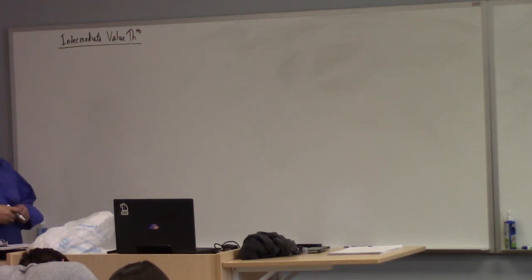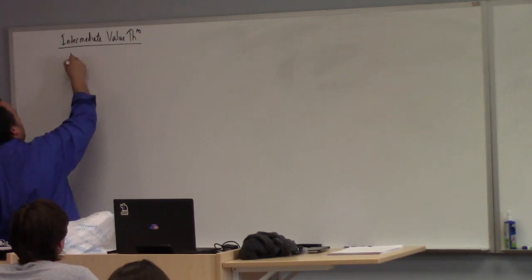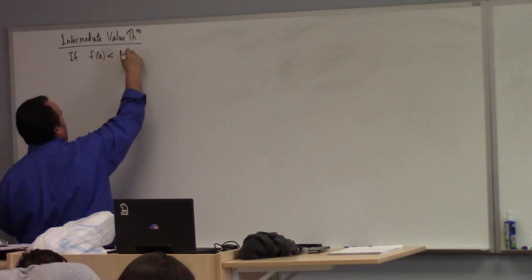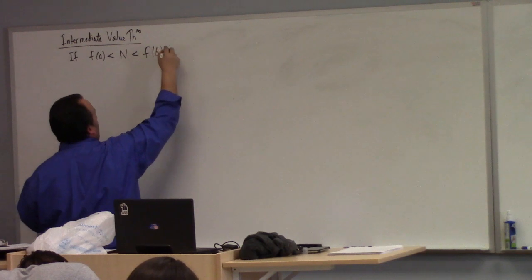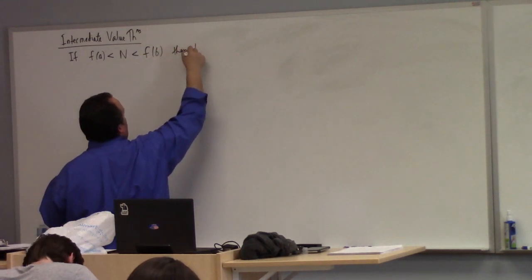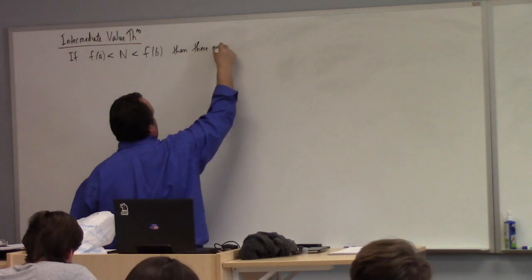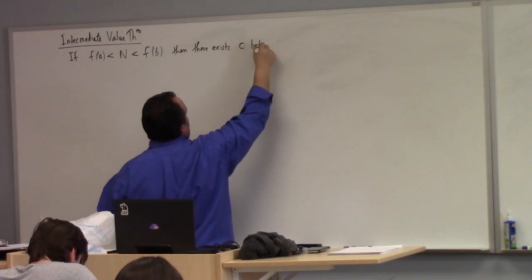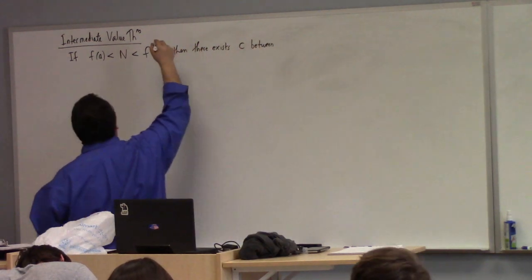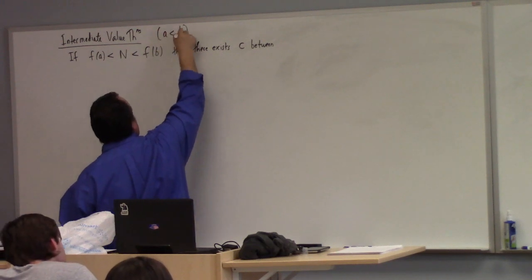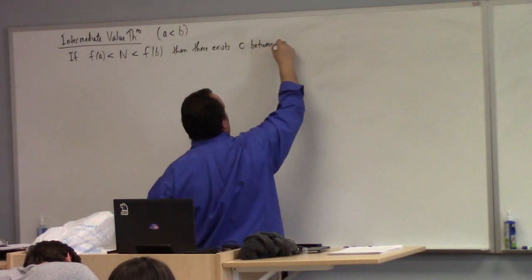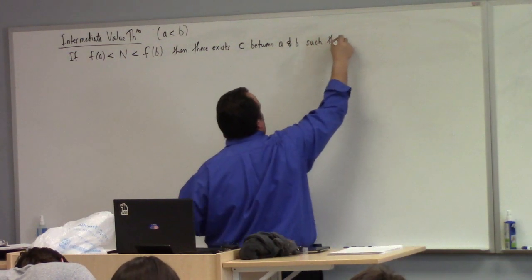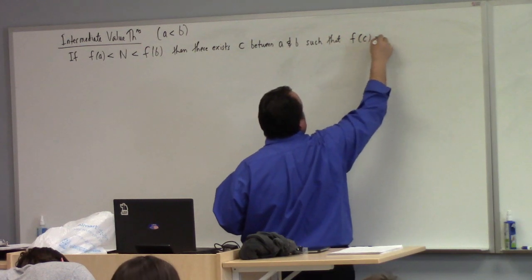Here's what the intermediate value theorem says. It says if f of a is less than n is less than f of b, and we're assuming here a is less than b, then there exists c between a and b such that f of c is equal to n.